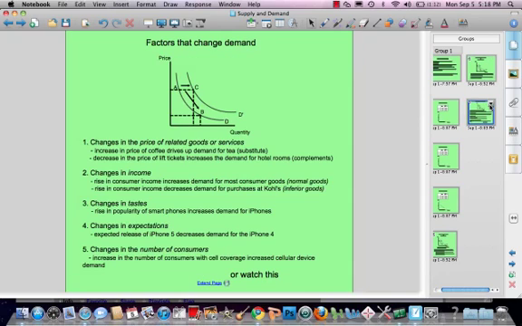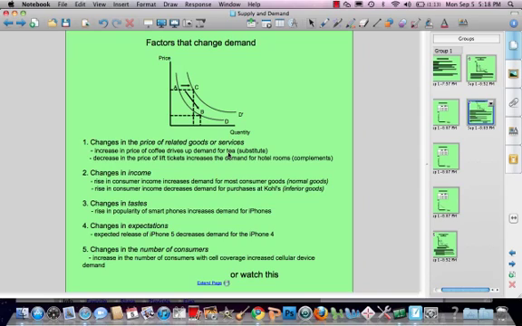Number 1, changes in the price of related goods or services. So if the price of coffee goes up, demand for tea goes up. We mentioned the substitution effect earlier, chicken versus other kinds of meat. So if the price of coffee goes up, demand for tea will go up, different quantities and different prices, but that entire curve shifts out.